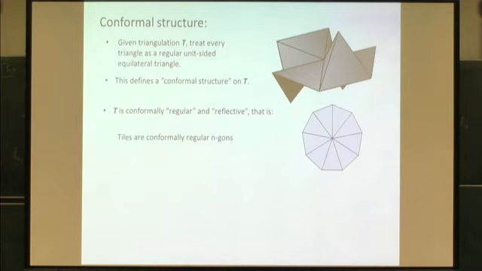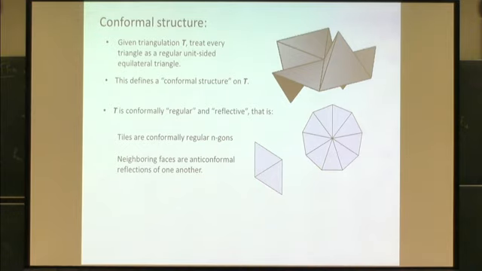And so I have a mistake here. There should be an even number of triangles here, of course. These are the gray and white triangles put together at a vertex. And so that's a conformally regular tile. Each face ends up to be a conformally regular n-gon. But in putting conformal structure on it, you have reflections across edges.